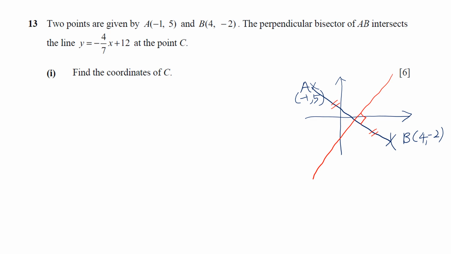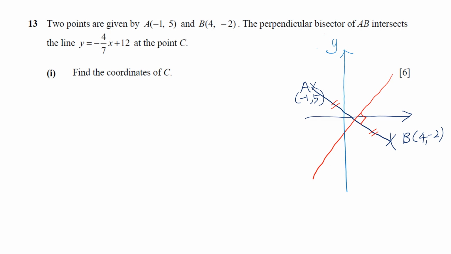And this line will intersect another line which has a negative gradient, and when you substitute x to be 0, the y-intercept is 12. Okay, so how do I draw another line with negative gradient that touches 12?